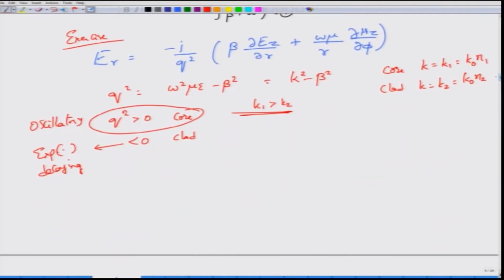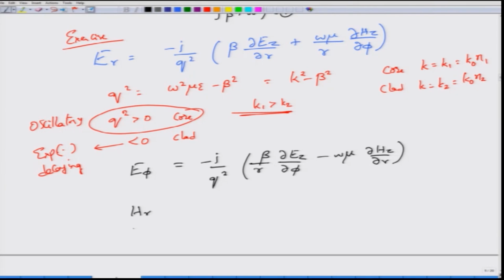Similarly, you can look up the textbook and find out expressions for E phi in terms of these components. So I will give you the answer, you can sit and verify this. This would be beta by r del Ez by del phi minus omega mu del Hz by del r. Similarly, there will be Hr and H phi.